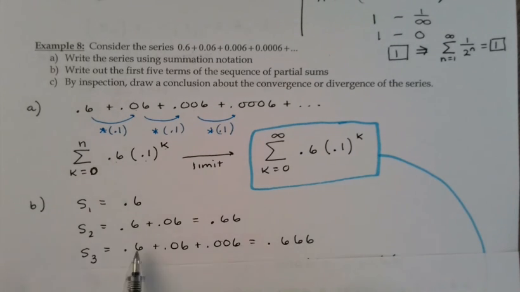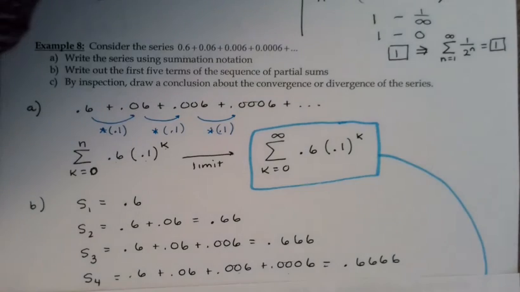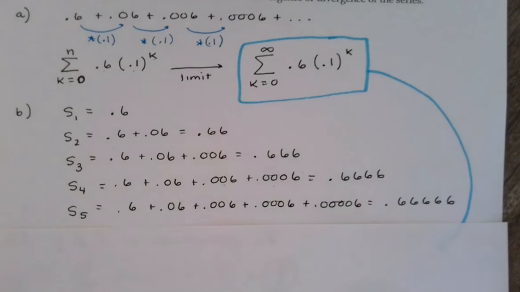S3, we're adding the first three terms, getting 0.666. You're already seeing the pattern, I'm sure. S4, we add the first four terms, 0.6666. And there's S5. I've now added 5 terms, and I've got 0.66666.